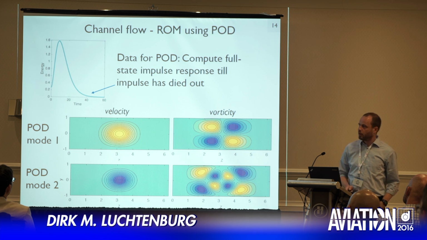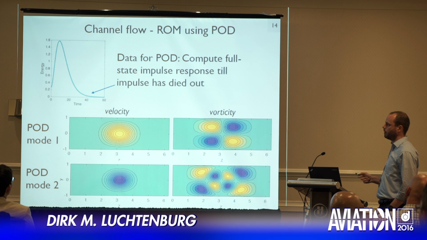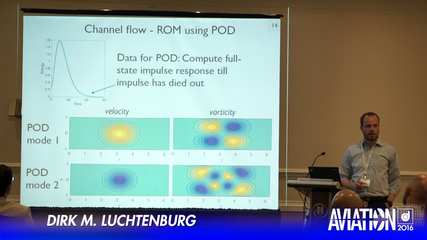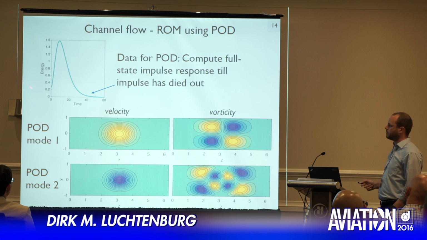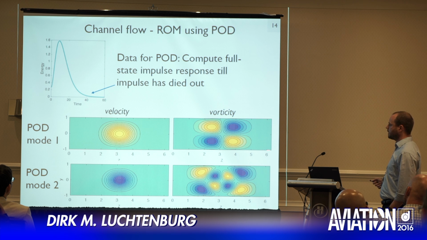Okay? So here is something that is typical of non-normal flow. Here we plot the norm of the solution, which you can interpret as a kind of energy, and we follow it in time. We see that first this norm rises and then it drops, so you get large transient growth. And using this data ensemble, for say 60 time units, we compute POD modes. Here I plot these POD modes.